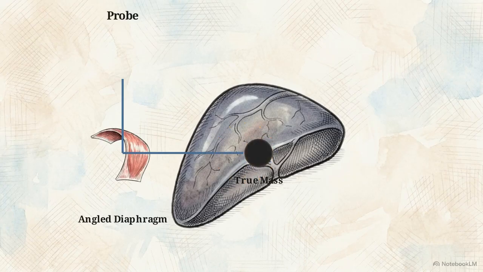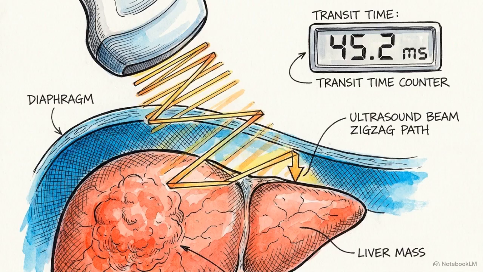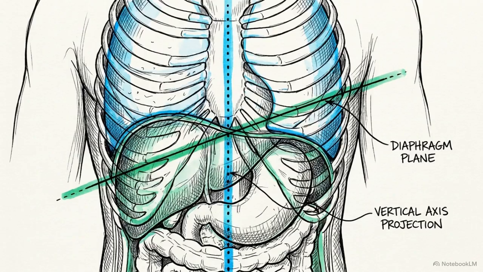It reflects off a mass inside the liver, travels back to the diaphragm, and finally returns to the probe. This multi-leg journey requires a drastically increased transit time for the sound wave. The machine receives the echo and calculates the extended time of flight, incorrectly assuming the beam traveled in a single, straight line deep into the body.